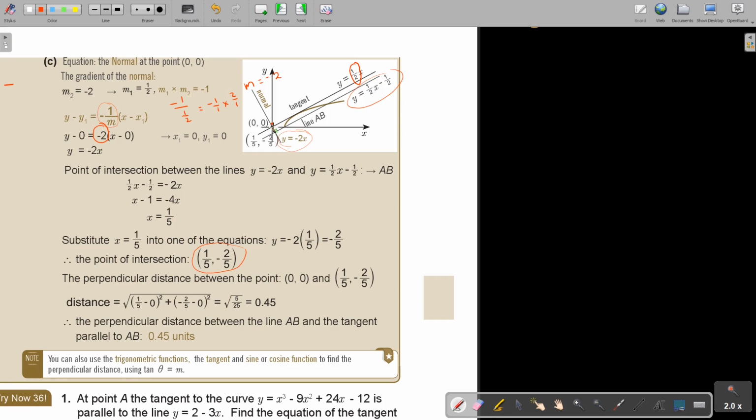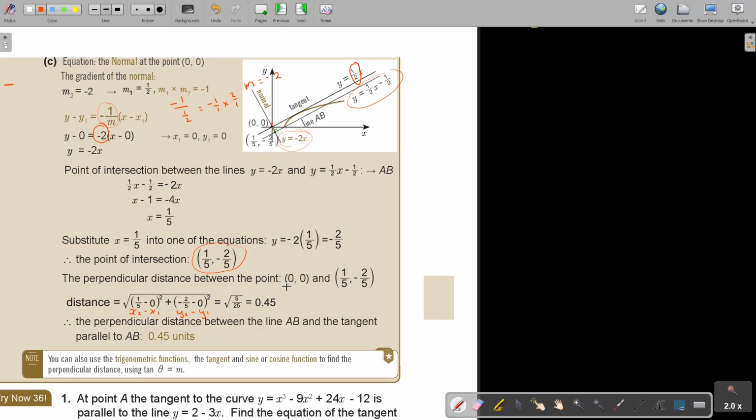Now I must just find the distance. Think back to coordinate geometry. It's the difference in x plus the difference in y, and don't forget to square it. So it's x2 minus x1, y2 minus y1.